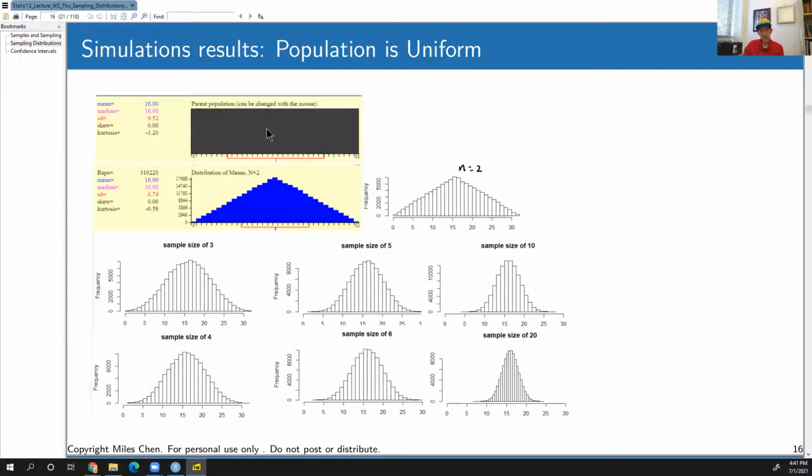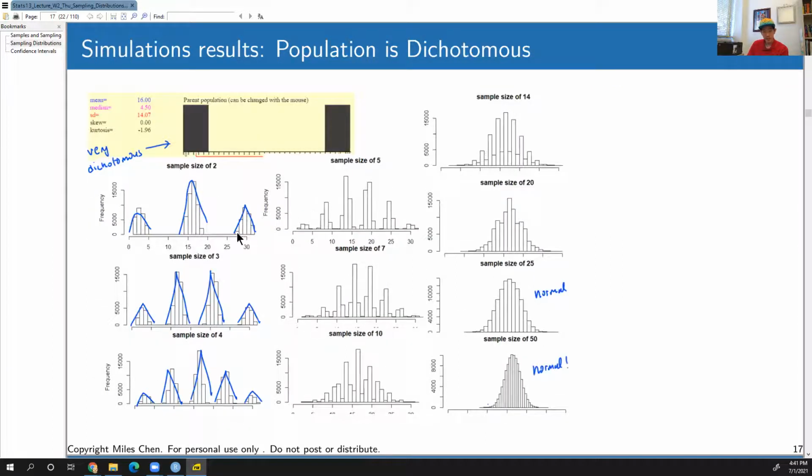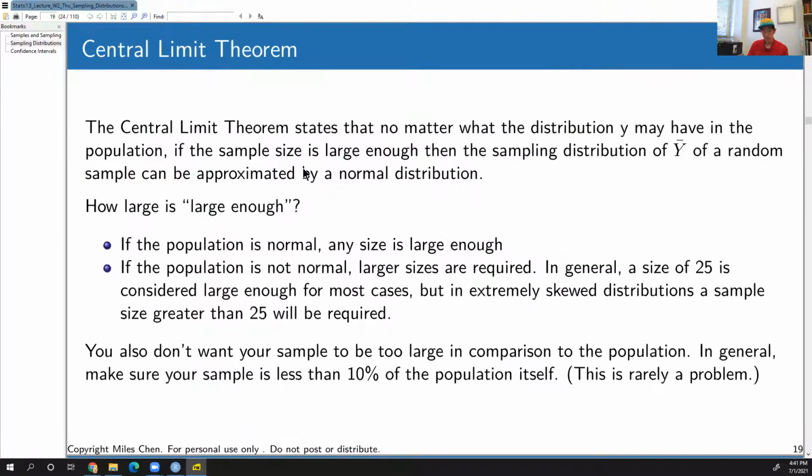When we had a population that was not normal, like the uniform or a dichotomous population, we needed bigger sample sizes. In general, a sample size of 25 is going to be large enough for most cases, but if you have something that's very skewed, then a sample of size 25 won't be big enough, okay?